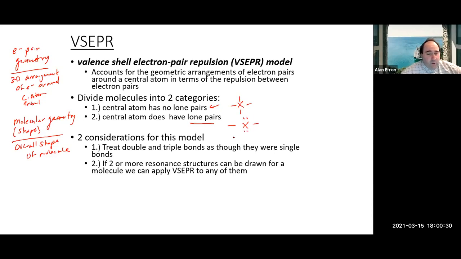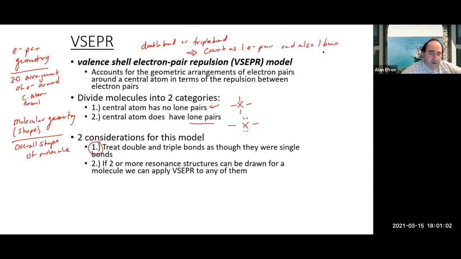Now, there's one very important rule when you're doing geometry. When you draw a Lewis structure that has either a double bond or a triple bond, when you are counting things, those count as one electron pair and also one bond.